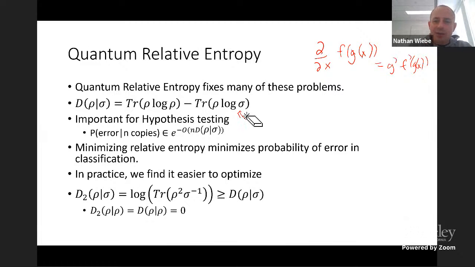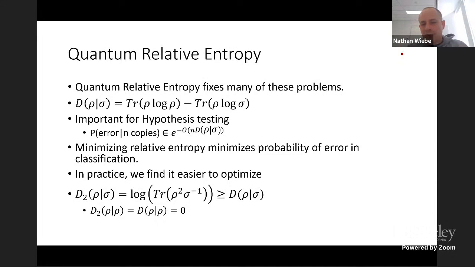And that's why, even though it's my favorite metric to try to optimize, we don't often do it in practice. In practice, what we'll often do is the much easier Rényi 2 divergence. The Rényi 2 divergence is this trace rho squared sigma inverse function. It's known to be an upper bound on the quantum relative entropy, and it also satisfies that the Rényi divergence between two states is equal to 0 if those two states are the same.